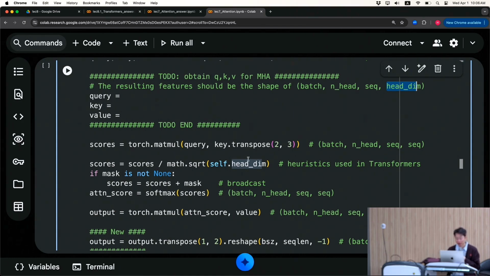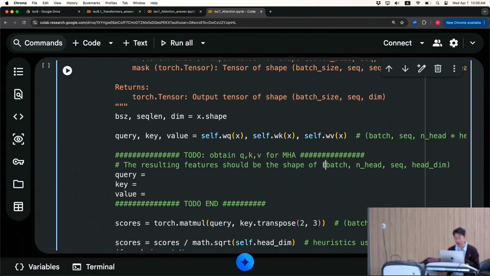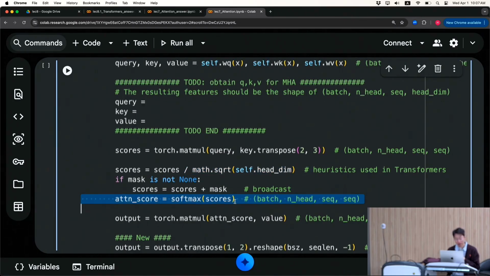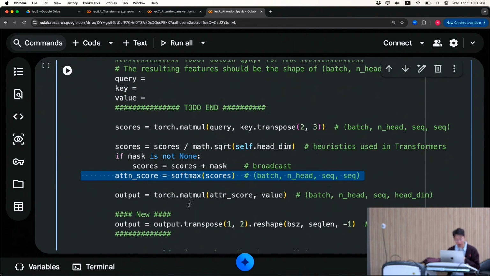We're going to take this tensor, do some massaging so it has this dimension, so that once we do matrix multiply, inner dimensions are going to commute and produce an output of size batch size, number of heads, sequence by sequence. After that, same thing: normalize, add the mask, compute softmax, and do matrix multiply between attention score and value.